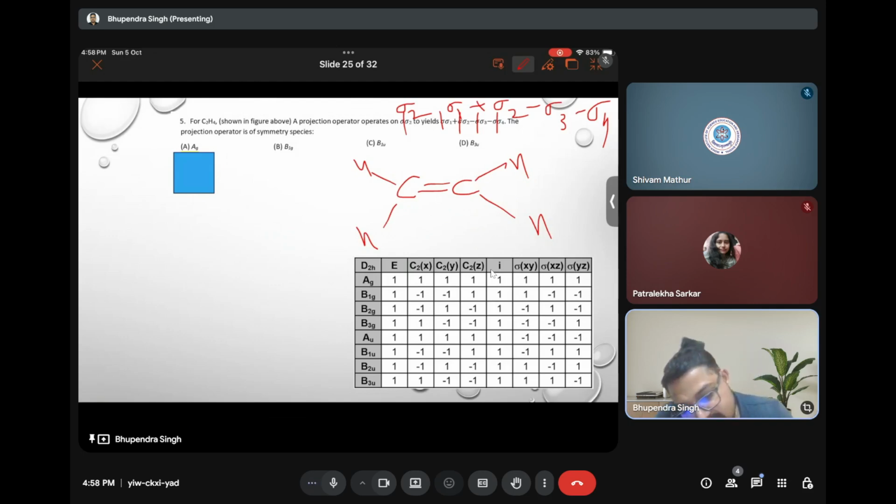So let's consider this is your x, this is your y, and z you already know is above the plane.